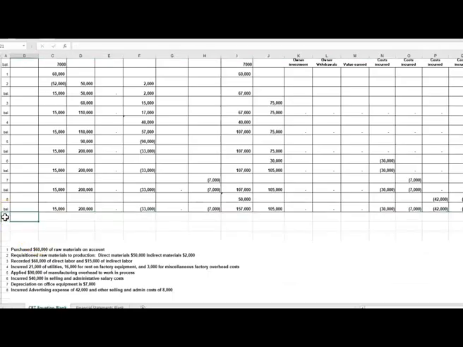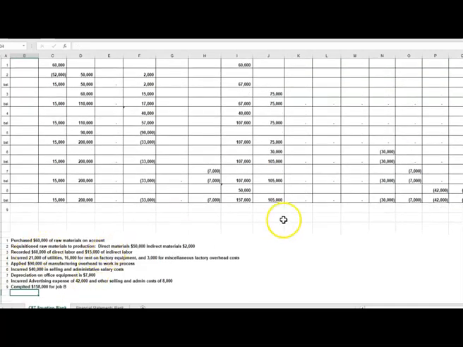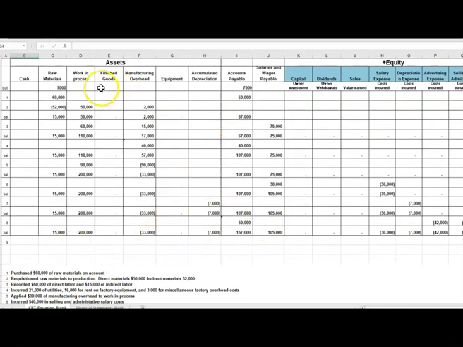All right, so this will be number 9, and it will say something like completed, let's see how much it was again, $158,000 for job B. So that means that we're going to transfer it out of work in process. So we're going to take it out of work in process, 158,000 goes down, and put it into finished goods. And we're still in balance because that nets to nothing. So we'll get our new balance across.